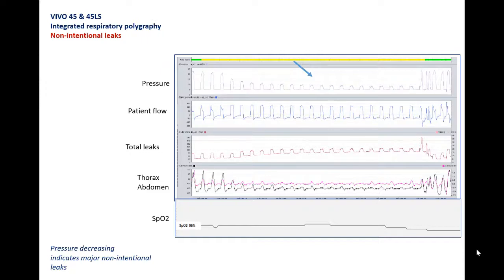This latter signal is very important because it is pathognomonic, or specific, of major leakage. And when you have this feature on the pressure, decreasing pressure on non-invasive ventilation with a pressure-preset ventilator, you can be sure that you have major leaks.